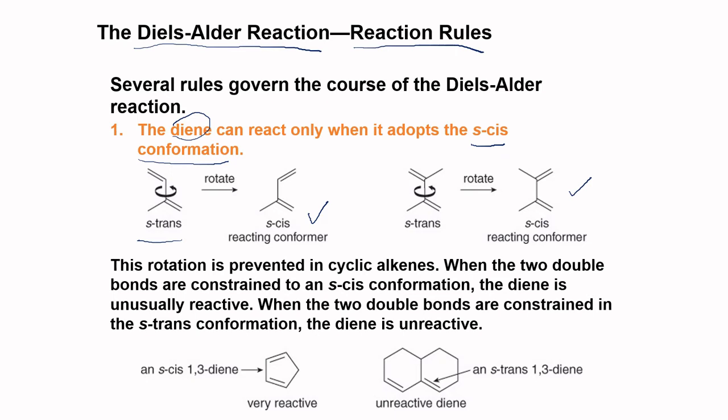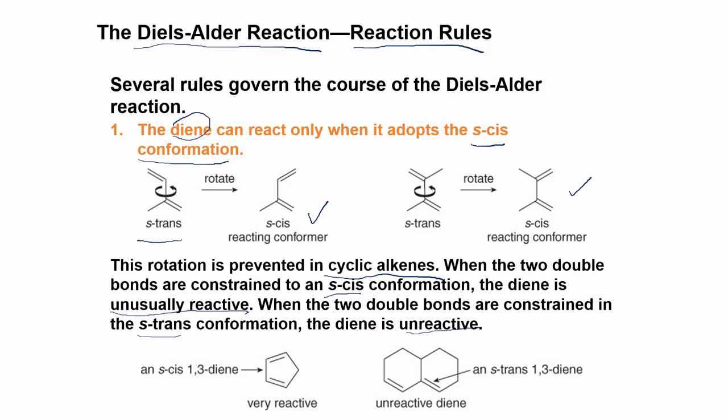If it cannot rotate, it will not react. So this rotation is prevented in cyclic alkenes. When you have two double bonds constrained to an S-cis conformation, the diene is unusually reactive. And when two double bonds are constrained in S-trans conformation, the diene is unreactive.